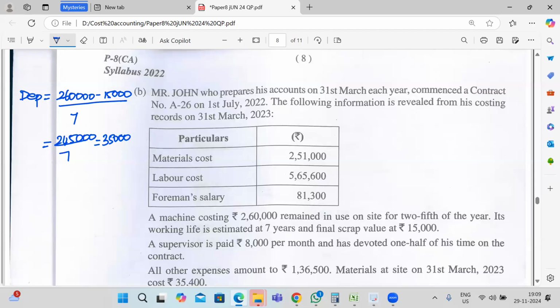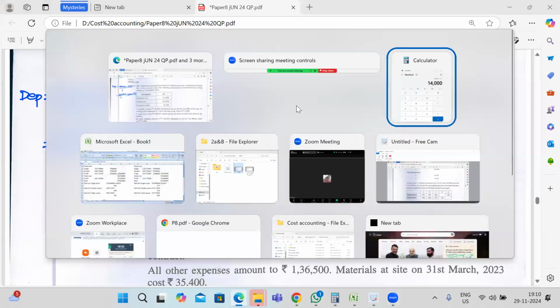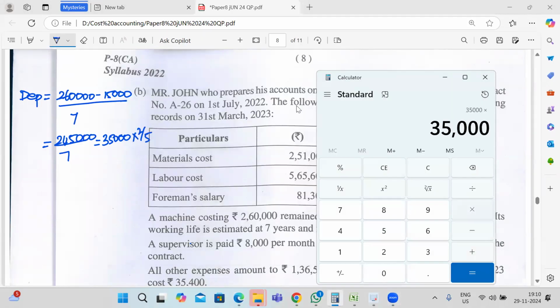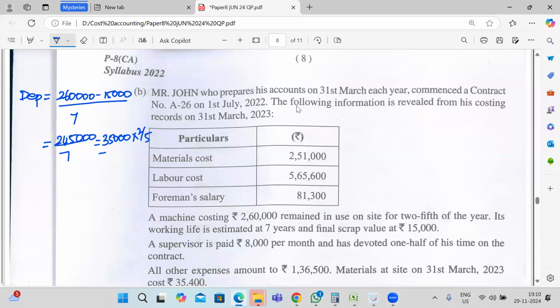So here we need to see only 2/5 of the year. Remained in use on site only for 2/5 of the year. So we need to consider only 2/5 year, that is into 2 by 5. So 35,000 into 2 by 5, so 14,000. So depreciation is considered only 14,000 for this particular contract.